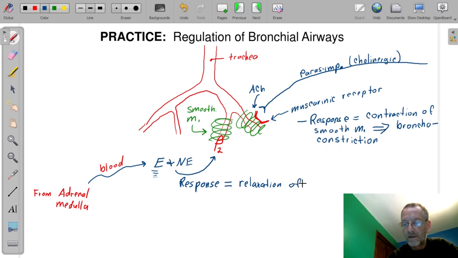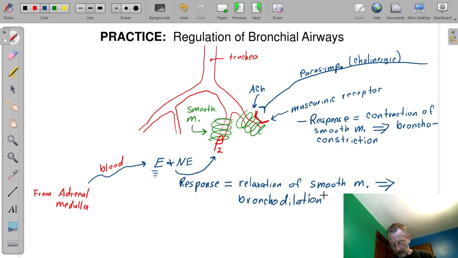Relaxation of smooth muscle, and that leads to bronchodilation, opening the airways. Later, we'll look at asthma and talk about a couple classes of medication.